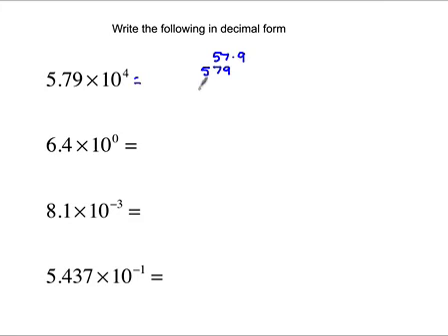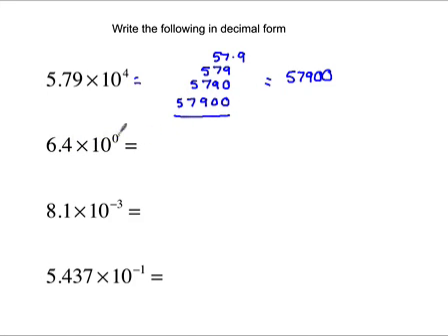If it said times 10 to the power of 3, it would be 5790. And if it said times 10 to the 4, which it does, it would become 57,900. And that is a good process to use to work out what's going on, because you're just effectively moving it along a certain number of places.